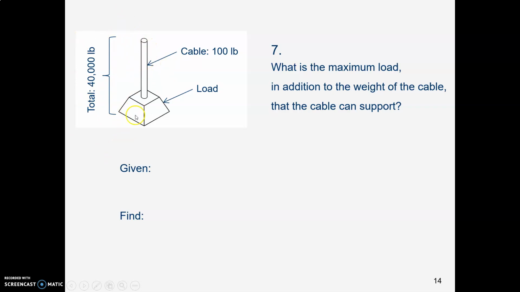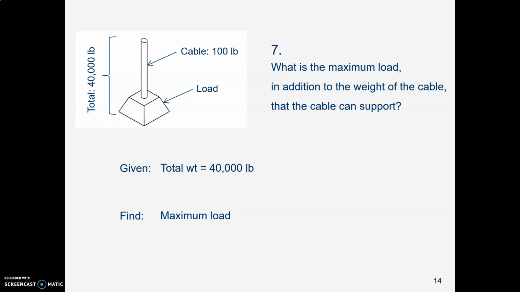But that's the cable and this load that's hanging from the cable. Let's find out what is the load that this thing can support. And the load is this beautiful trapezoid looking shape. It's the thing that's hanging from the cable. We're trying to find out the maximum load that we can hang from that cable out in our crane.